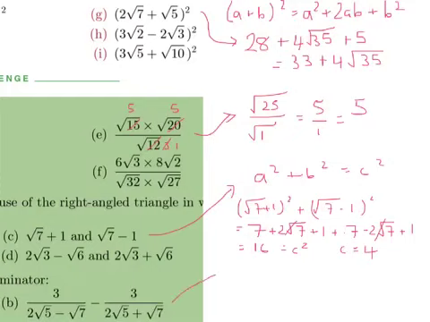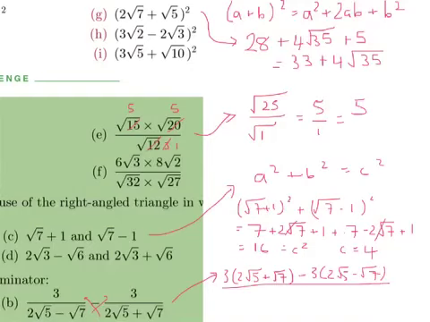So, cross multiply, we've got 3 times 2 root 5 plus root 7 minus 3 times 2 root 5 minus root 7 over 2 root 5 minus root 7 times 2 root 5 plus root 7.